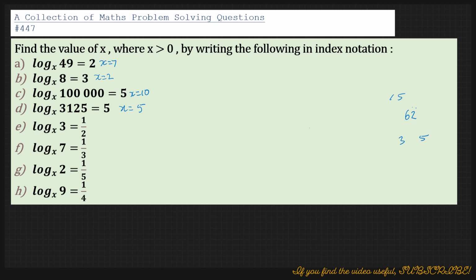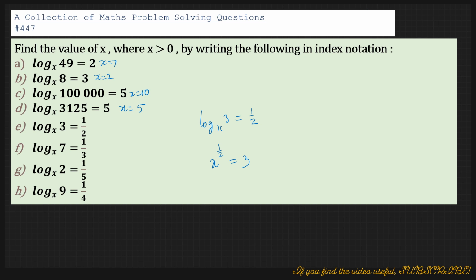So then we have log to the base x of 3 is half. So this we have to do a little bit differently, because x to the power half equals 3.